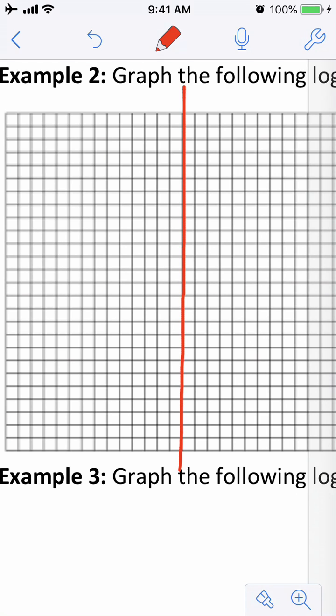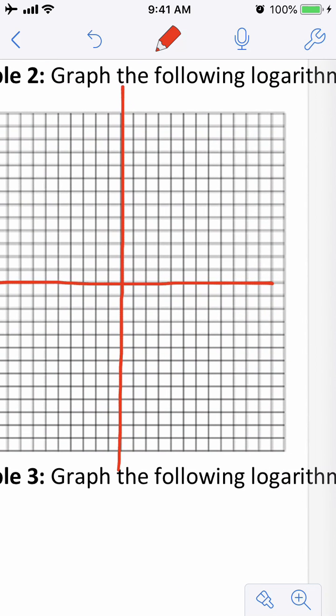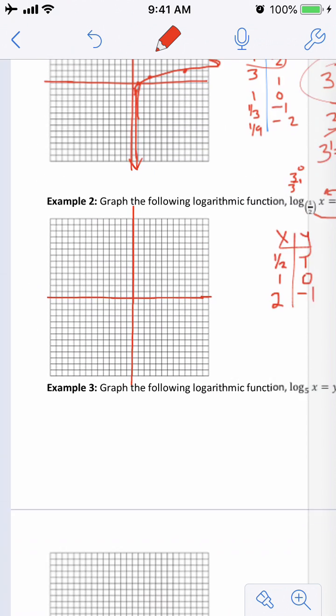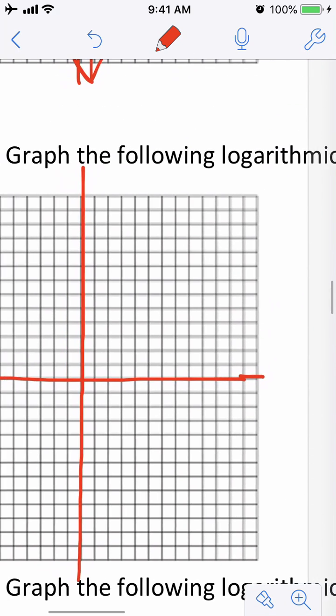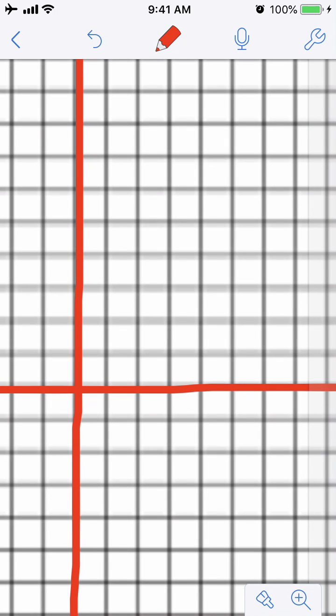Draw me some axes, and input my information. Now again, I have to be careful that I don't accidentally put 1/2, 1 in the wrong order, because that's how I solved it. I want the point (1/2, 1), right? So I'm going to zoom in so I can find 1/2, because that's pretty far down there. 1/2 up 1.